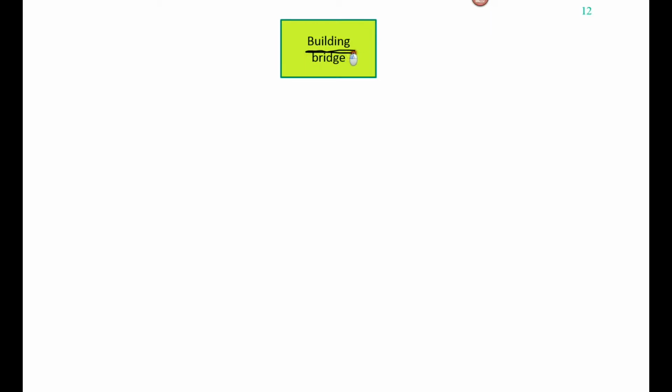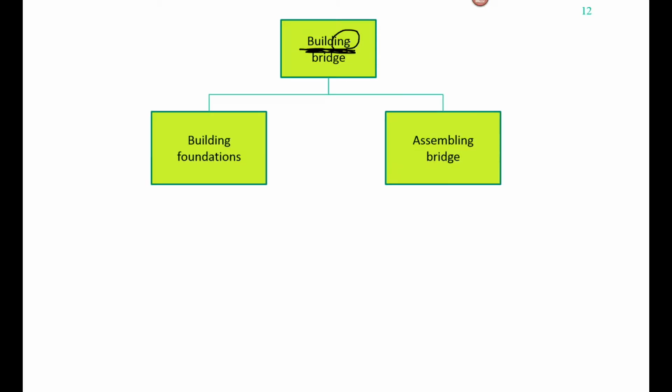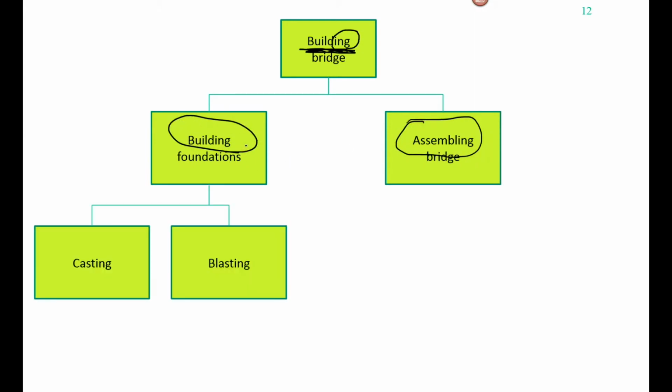There is a verb here in what we call the gerund form, building bridge, or we could say just build bridge. Let's break that down in a hierarchical structure, and maybe we can split it in two: building foundations and assembling the bridge. We are on a verb mode here, as you can see, with the verbs building and assembling.